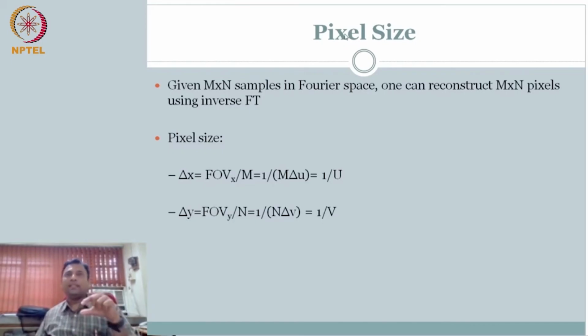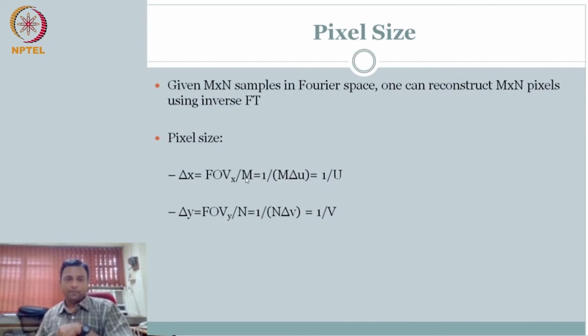So let's write it out. What is your pixel size? Let's say you have acquired the data with m cross n samples in Fourier space. Remember, Fourier space is already a discretized space. Suppose we have m cross n samples in Fourier space, we can reconstruct m cross n pixels of the image using inverse Fourier transform. So the pixel size in your spatial domain, delta x, is field of view in x direction divided by number of pixels.